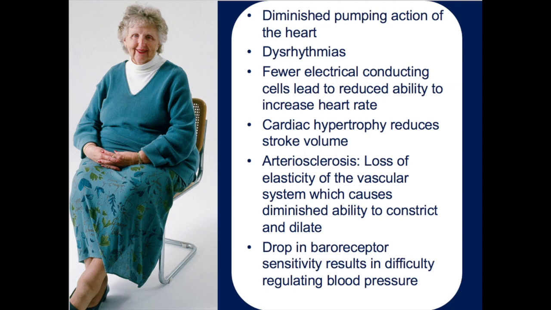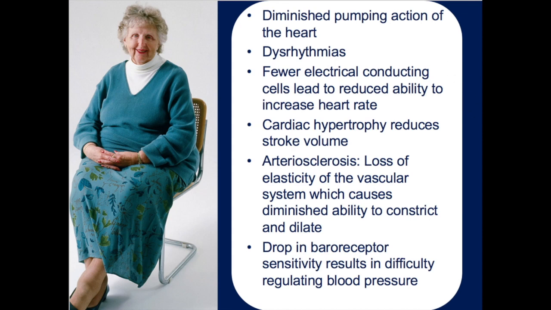And then the other half of that equation, increased cardiac output, is the heart rate. So, all right, the body says, I can't increase stroke volume anymore. Well, why don't I try the other side of the equation, the heart rate? Remember, it's heart rate times stroke volume. Unfortunately, over time, you have fewer electrical conducting cells, and that causes a reduced ability to increase your heart rate.